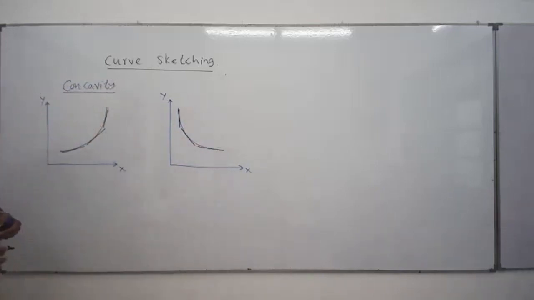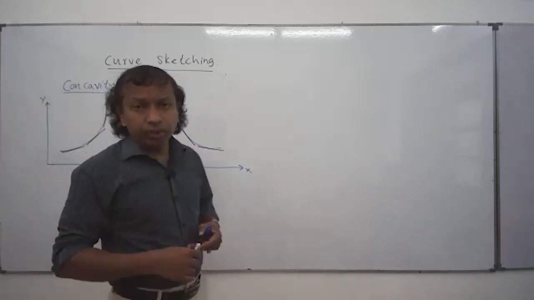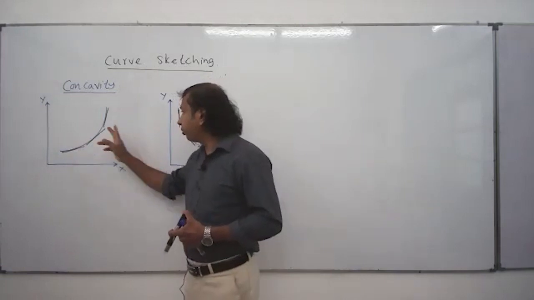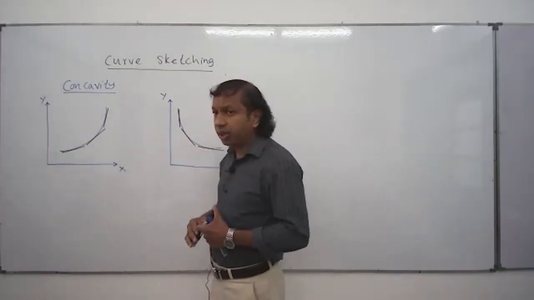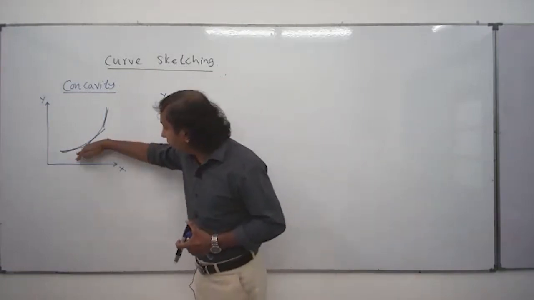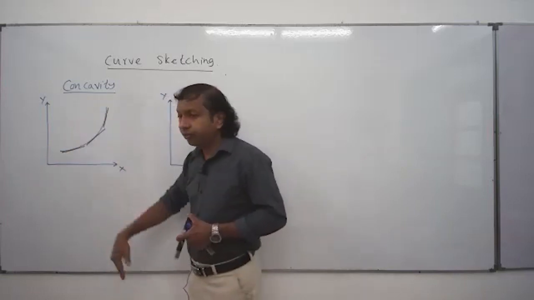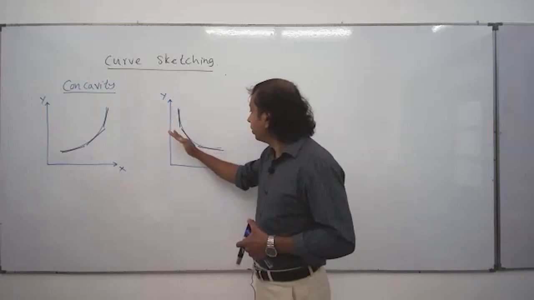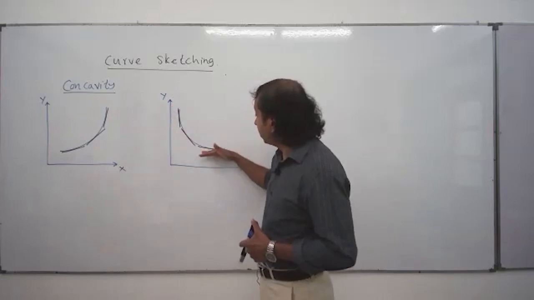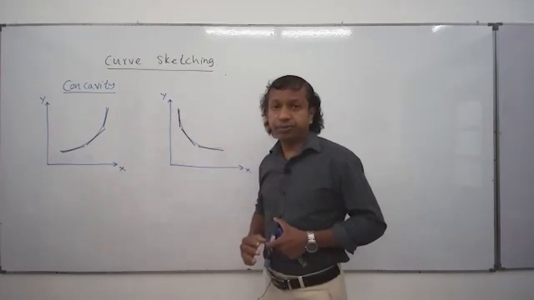When we draw tangents to the graph, you can see both graphs lie above the tangents. Here, the graph lies above the tangents.